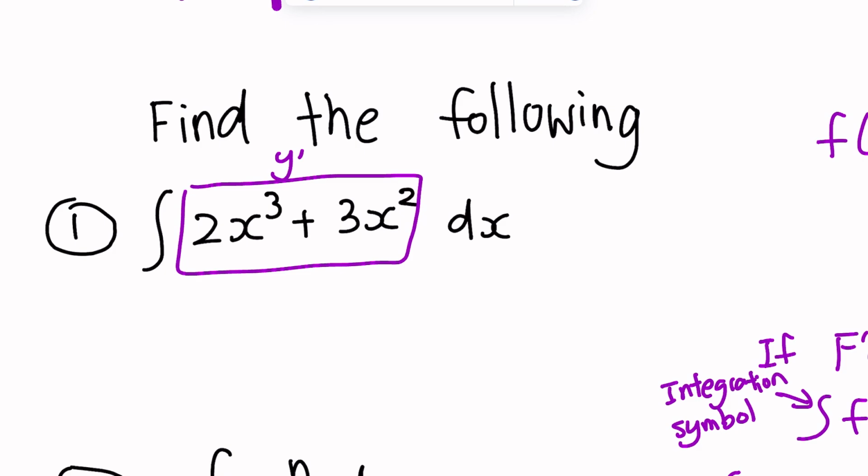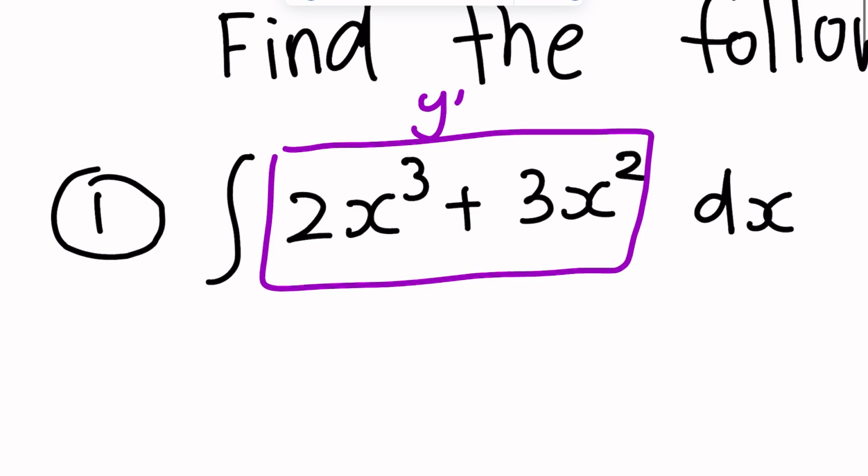So just like, for example, y equals x squared, when we derive, we get 2x, right? And what happens to the power is that from 2 it now becomes 1. It's subtracted by 1. So the reverse means that instead of subtracting 1, it will add 1.